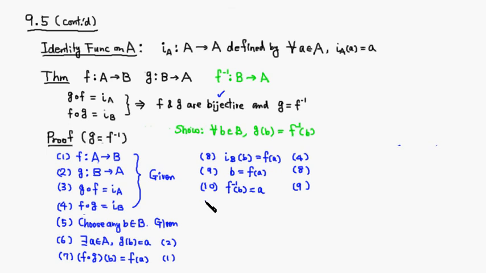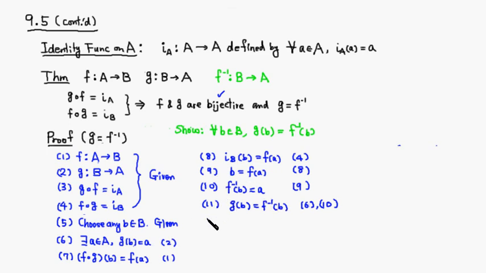Then line number 11. Since g of b is a, and f inverse of b is also a, we know that g of b is equal to f inverse of b.